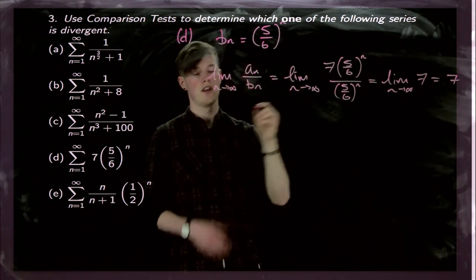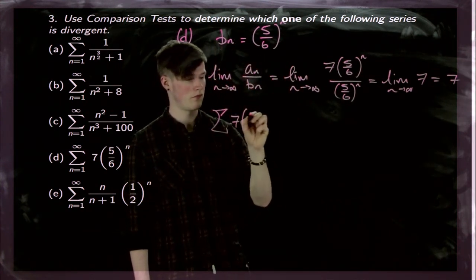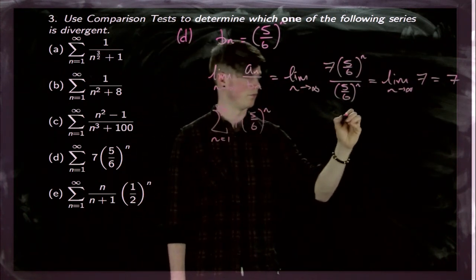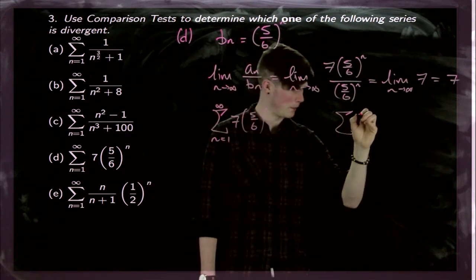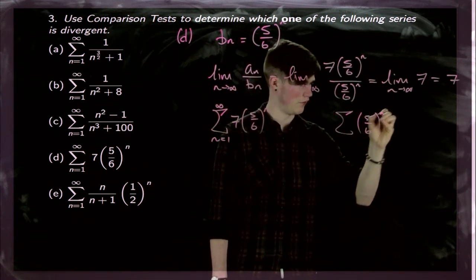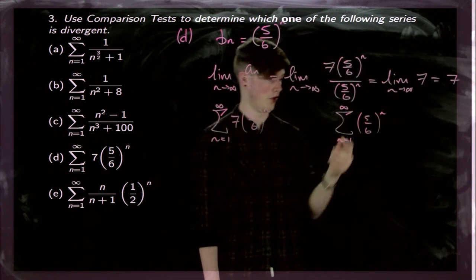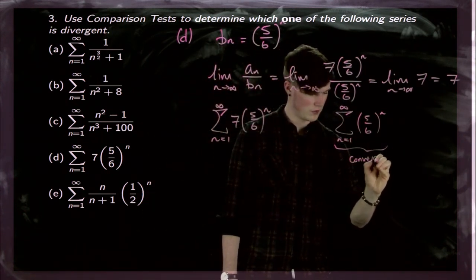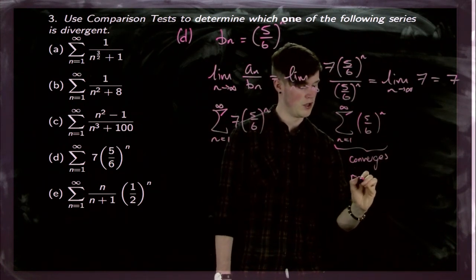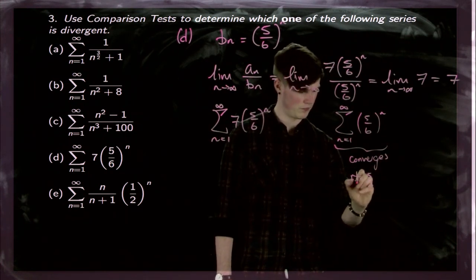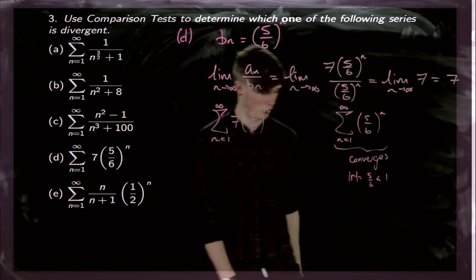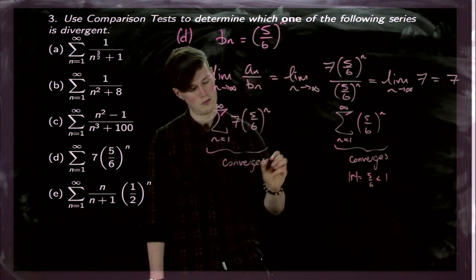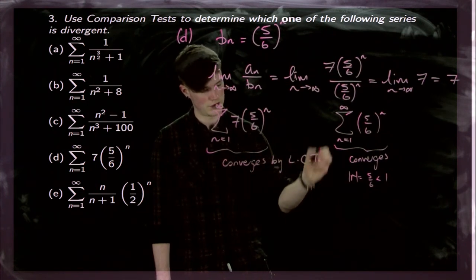So we know that this series converges if this one converges, and they both either converge or diverge. So we know that this converges because it's a geometric series with r equal to 5 over 6, and the absolute value of 5 over 6 is less than 1. So then this converges by the limit comparison test.